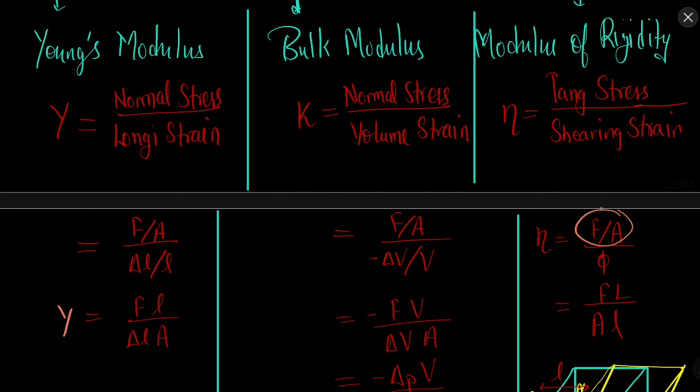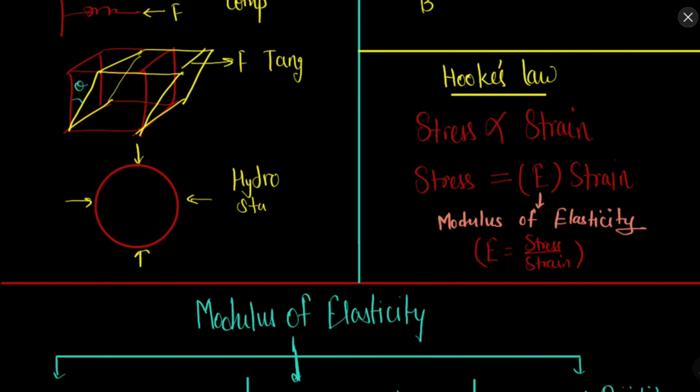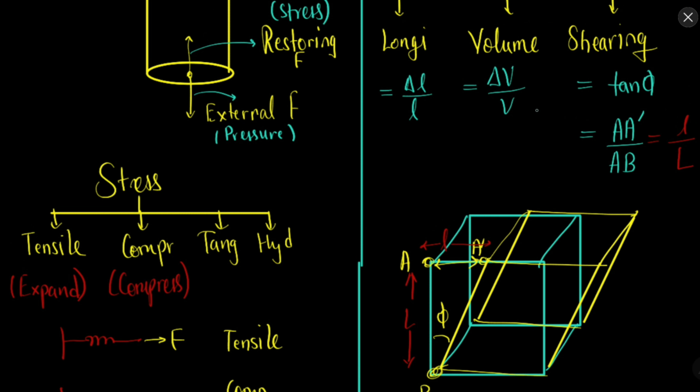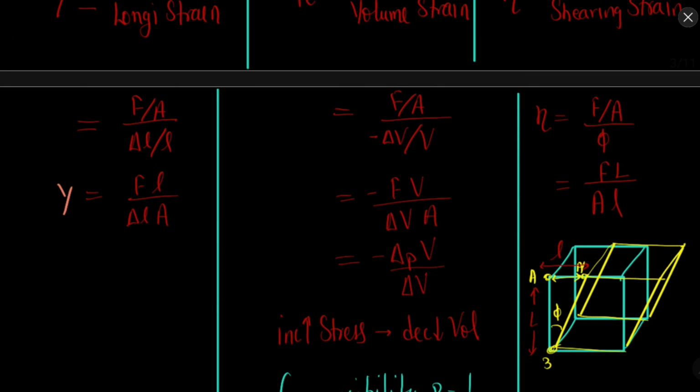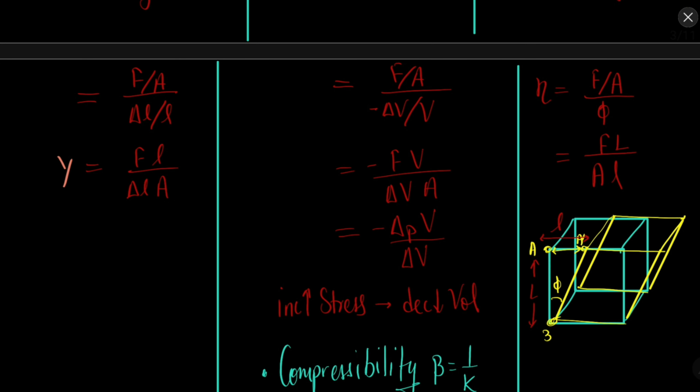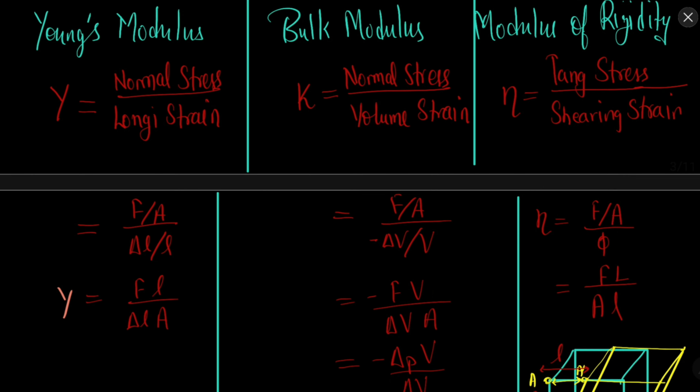Again, tangential stress is force upon area and shearing strain is represented by phi, and this phi is approximately equal to the change in length upon original length, or the shift in length with respect to this length L. So this is the modulus of rigidity.